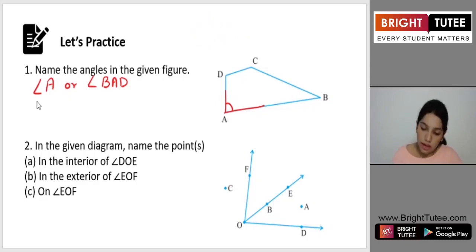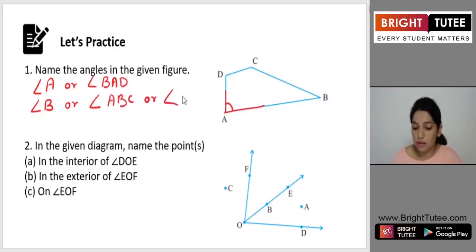Now the other one I can see is angle B, and I hope you know how to name this angle B in the other way. It can be ABC, or we can also write this down as angle CBA. This is also correct. And similarly, instead of angle BAD, we can also write it as DAB. This is also correct.